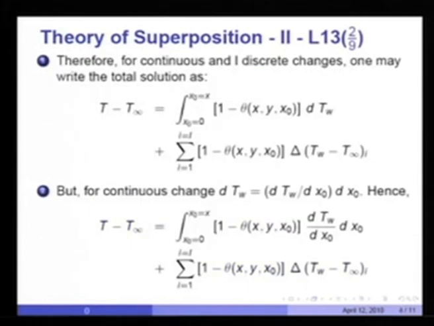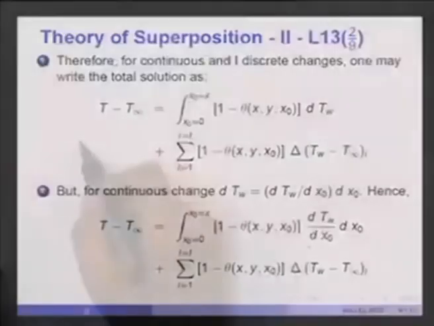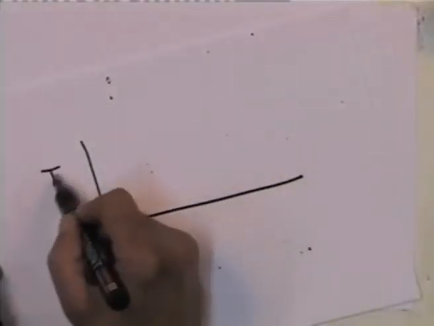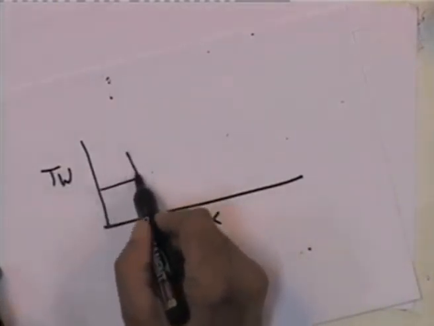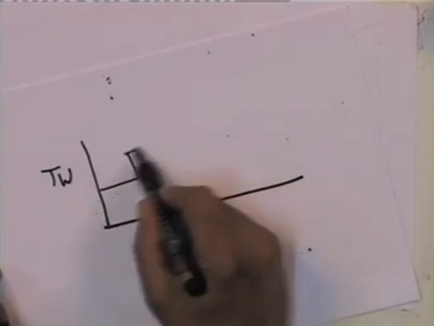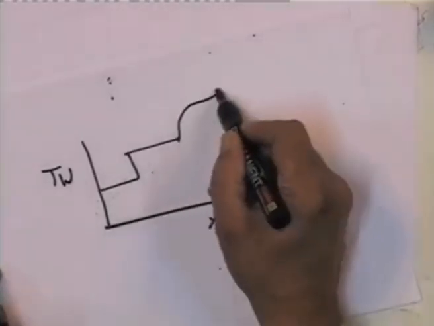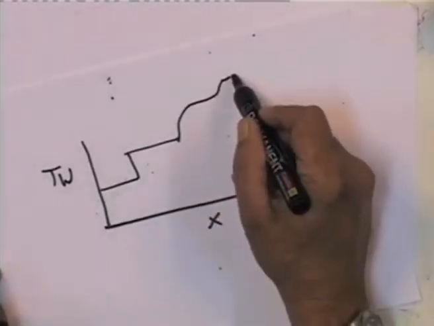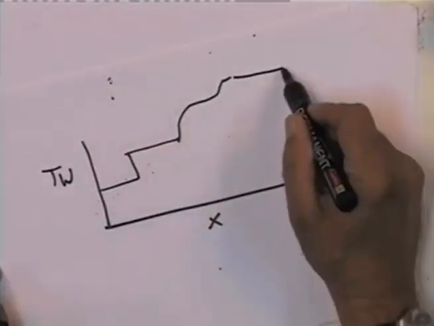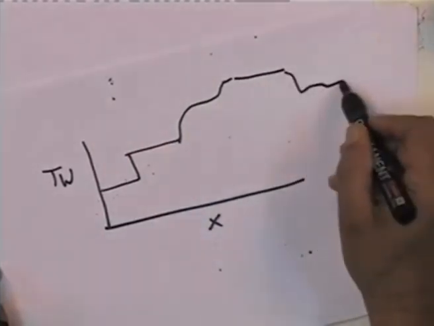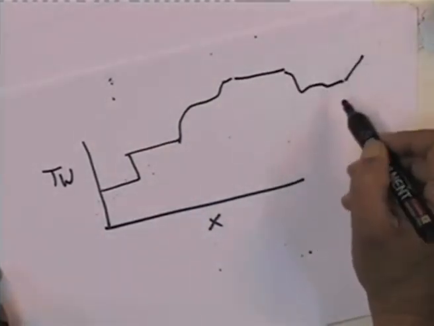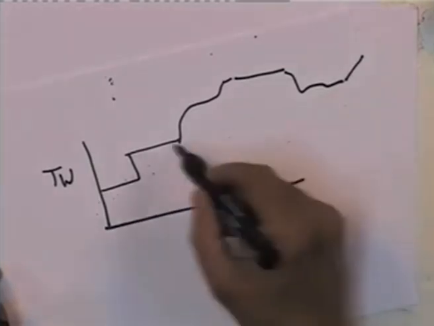Therefore, supposing I have a temperature variation of Tw with x, let us say it is first a step change, then another step change, then some continuous variation, then constant, then another continuous variation, and so on and so forth.